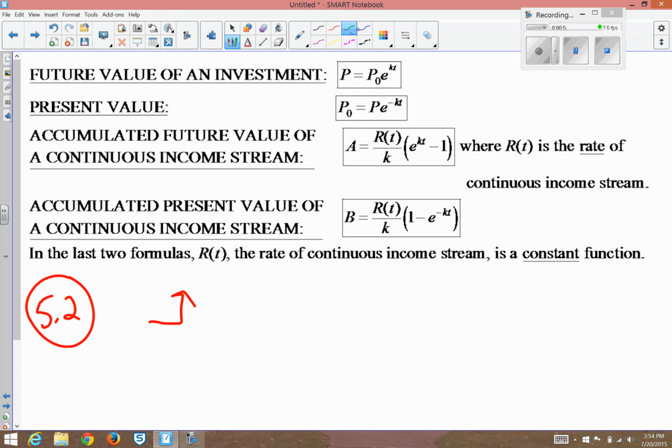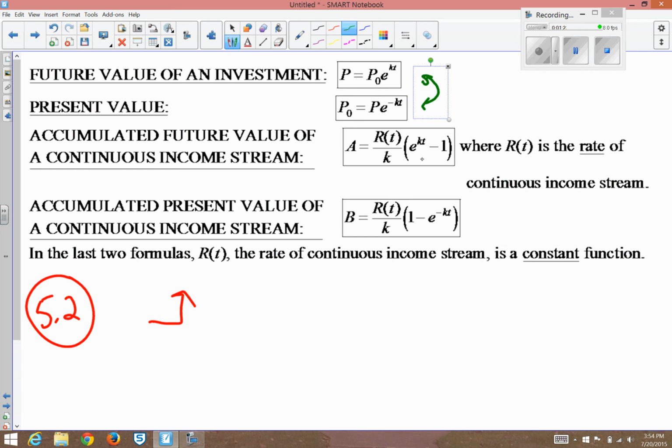So study the similarities and differences between these formulas. The P and the P sub 0 switch places. The present value has a negative kt in the exponent. There's no negative on the exponent in the future value formula. For the two income stream formulas, the R of t over k is the same in both, but these are reversed.